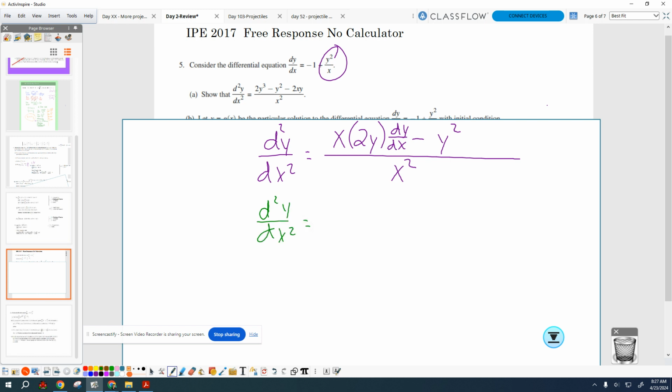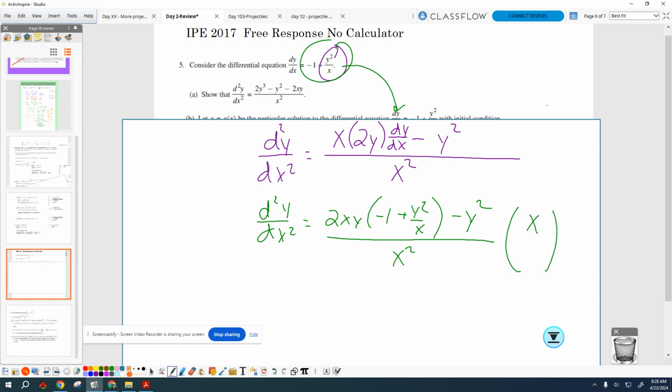After this part, you plug in dy dx, so that should give you 2xy times -1 plus 2xy times y squared over x. And then that over, like, okay, I see what you did. I would multiply by x over x and reduce stuff and clean things up, and you will get there eventually, and you do need to show the pieces.